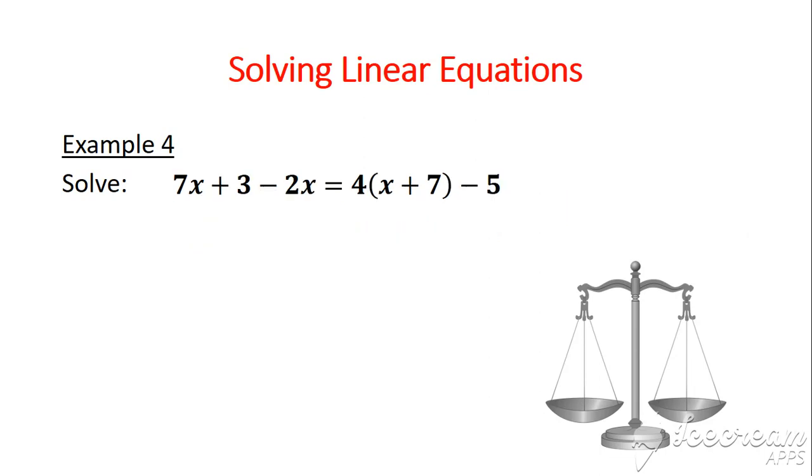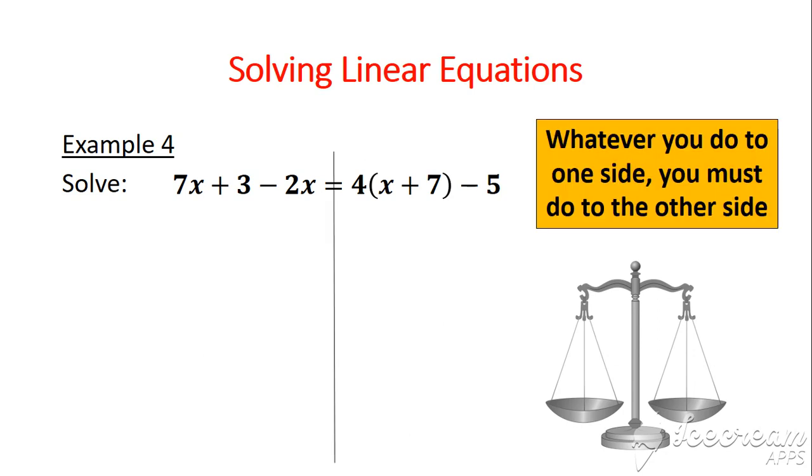Right, our final example, this piece: 7x plus 3 minus 2x is equal to 4 bracket x plus 7 close bracket, take away 5. Whew. To do this, we're going to have to simplify a little. So we're going to go 7x minus 2x leaves 5x plus 3 on the left-hand side.